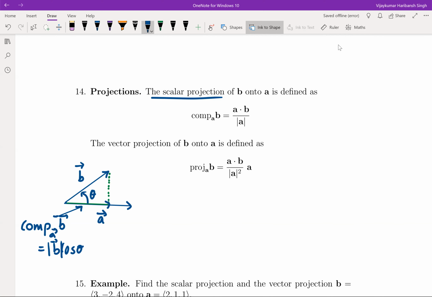So the scalar projection is given by B cos theta. Let me write that again.